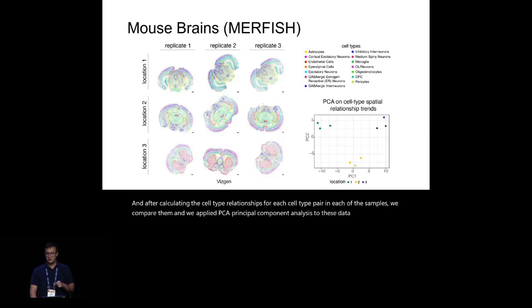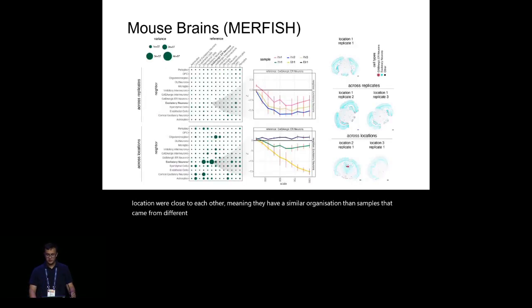And when we looked into the reduced dimension space, we saw that samples that came from the same location were close to each other, meaning they have a similar organization, as you would expect. And we're also able to identify which cell type relationships vary the most across locations and which ones were kept the same across replicates.